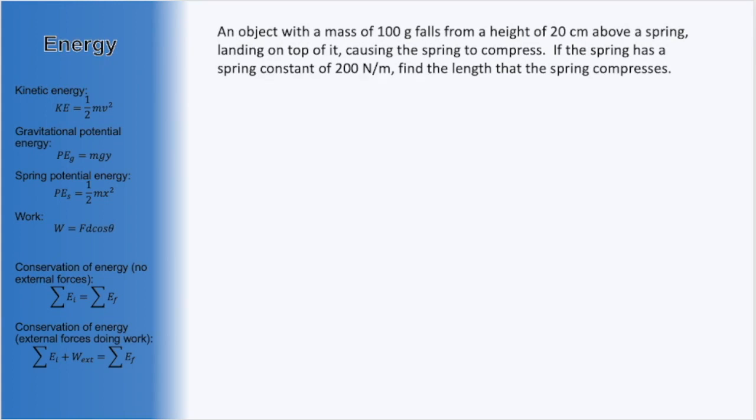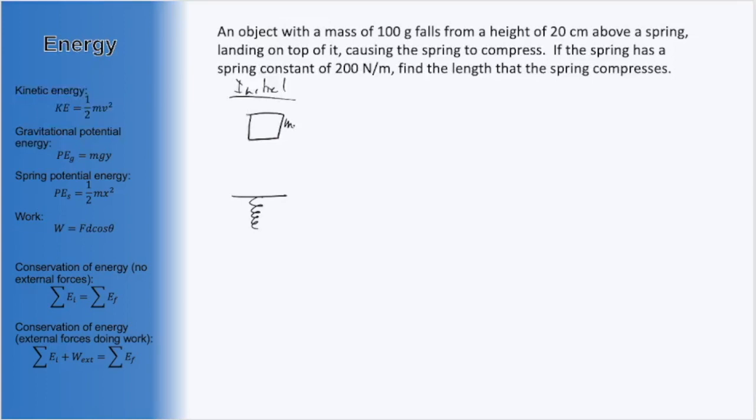When possible for these energy problems, we might want to start by drawing ourselves a diagram of the situation. Again, not unlike force problems. The difference here is that there will be both an initial and final moment to distinguish between. For our initial moment, we know the mass starts up here in the air, above a spring.